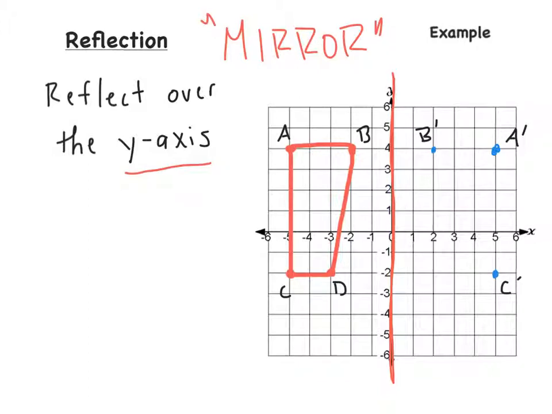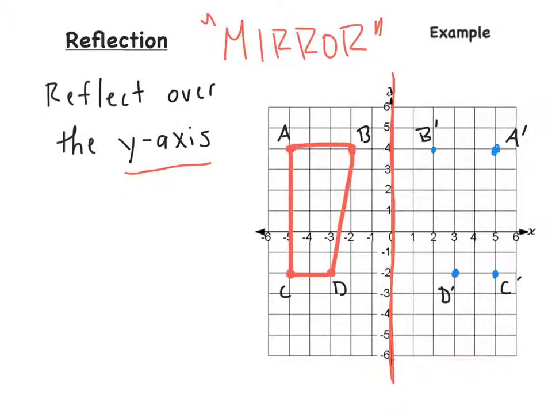Now let's look at D. D is also at -2. So then it is 1, 2, 3 units to the left of the y-axis. So that means that we have to go 3 units to the right and mark this point. This is known as D prime.